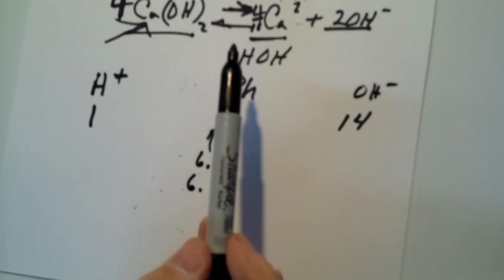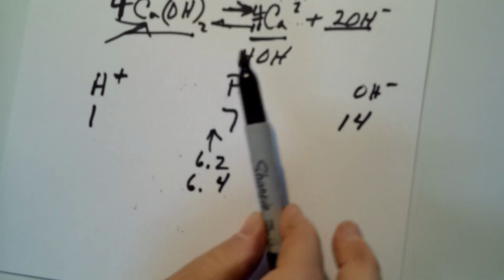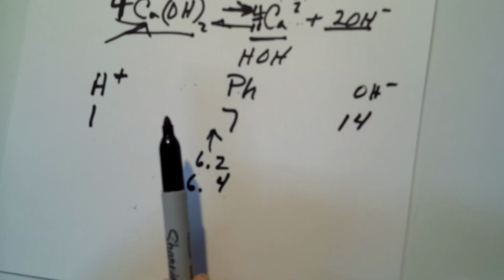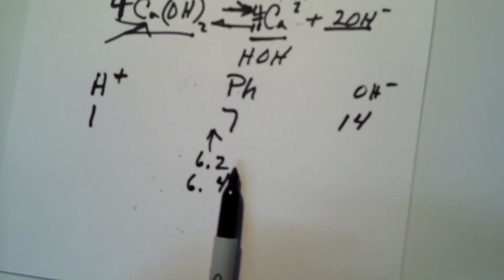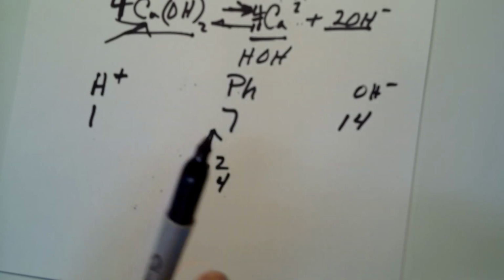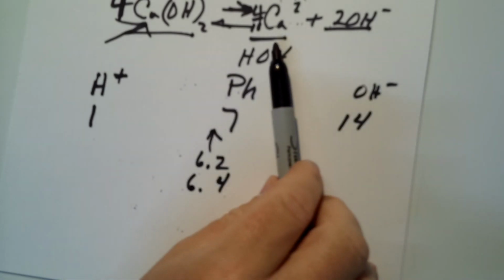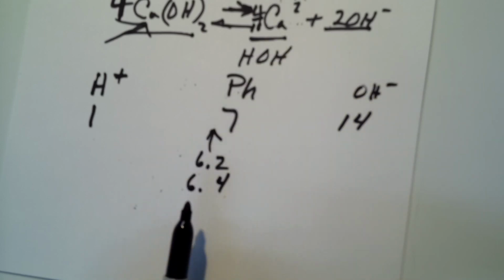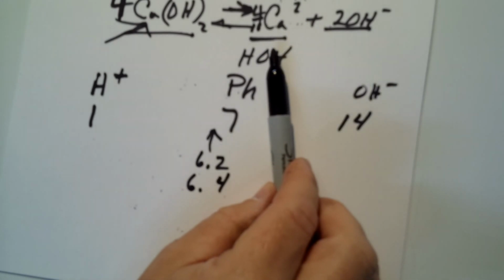So while adding lime may change the pH of my soil a little, it changes the amount of calcium available a lot. So adding lime is not going to hurt my plants, but it could definitely help them.